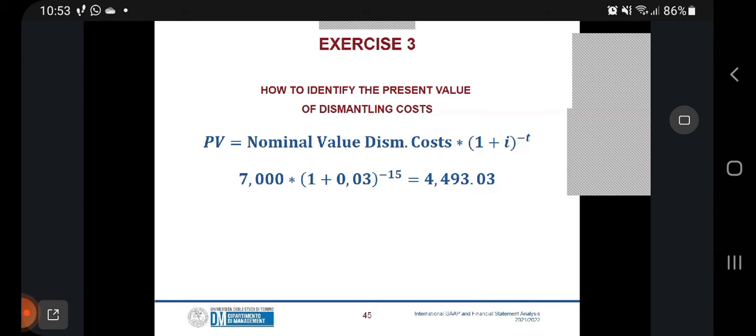And the final value, the present value of these dismantling costs, is equal to 4,493. Do you agree?